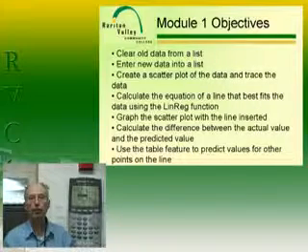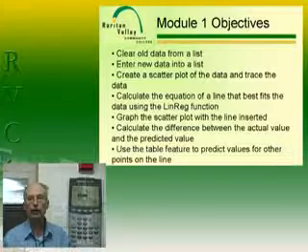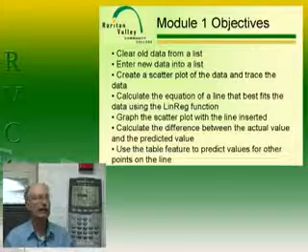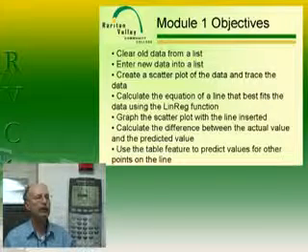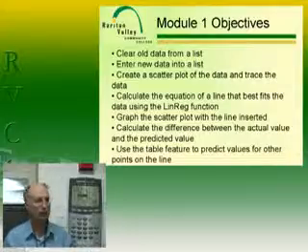Then we put in the scatter plot, and we inserted the line right onto the scatter plot so we could see how it fit. Then we calculated the difference between the actual value and the predicted value. We looked at how we could turn on R and R squared, and we looked at how we could use the table feature to predict the values for other points on the line. So this concludes Session 3, Module 1.